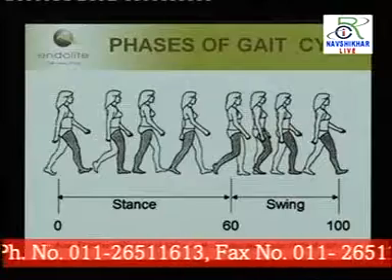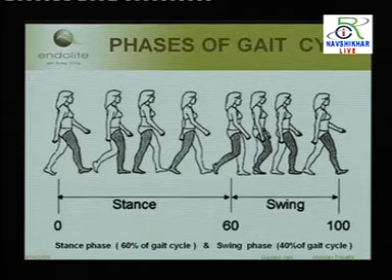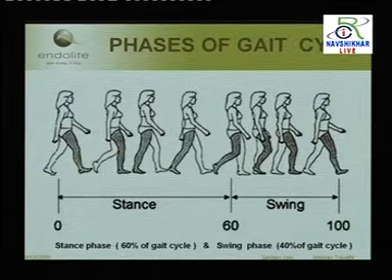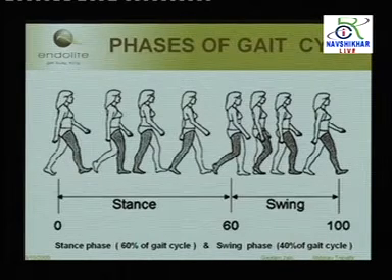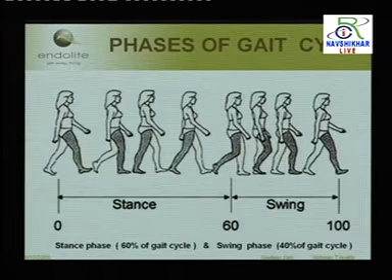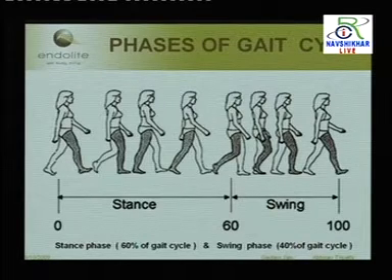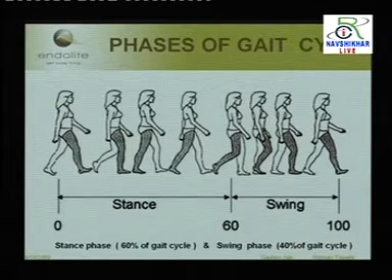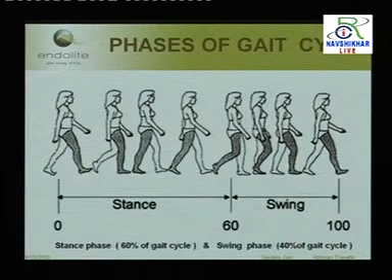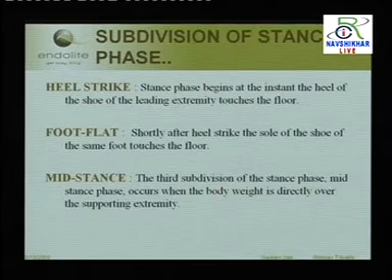Basically, if you see the slide again, we have the phases of the gait cycle. We have the stance phase and we have the swing phase. As you can see on the slide, the weight bearing phase is called the stance phase and the swing phase is when the foot is not touching the ground. There are subdivisions of the gait cycle and subdivisions of the stance phase. Mr. Abhinav would like to focus on the subdivisions of the stance phase.